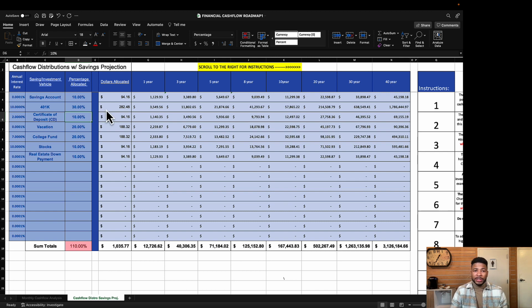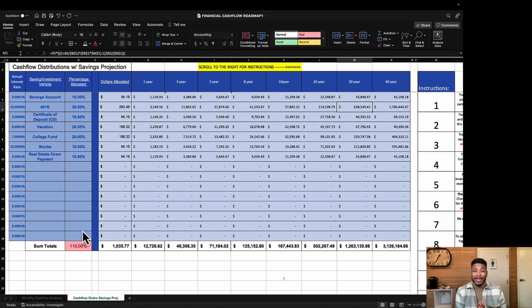And year over year, you can see how that dollars allocated number changed. I'm allocating $282 a month, and after the first year this is my dollar value, and after the 30th year this is my dollar value.